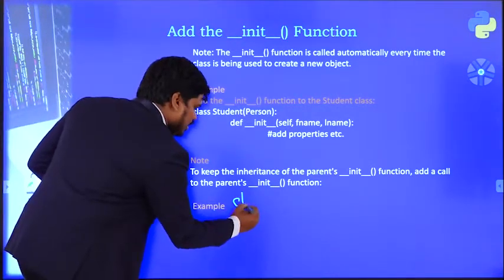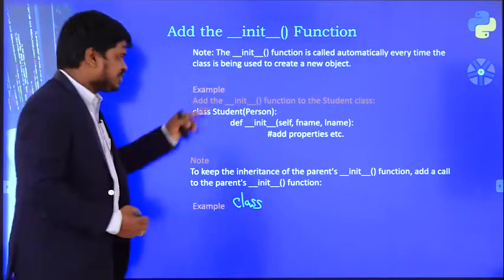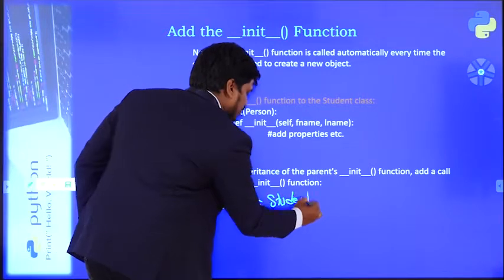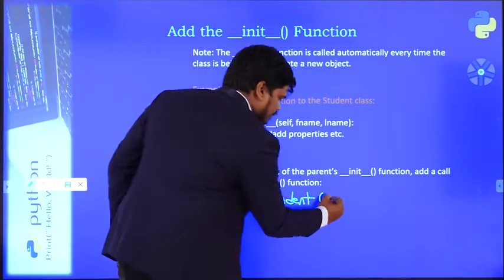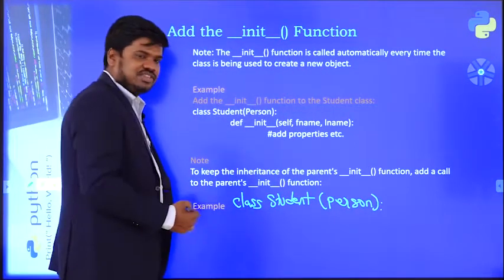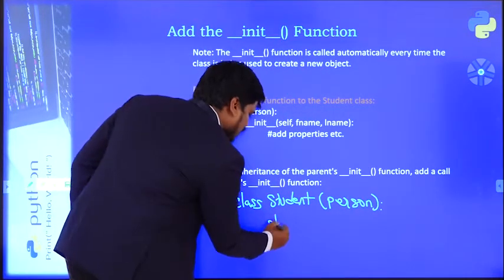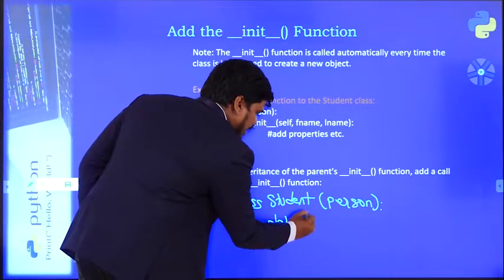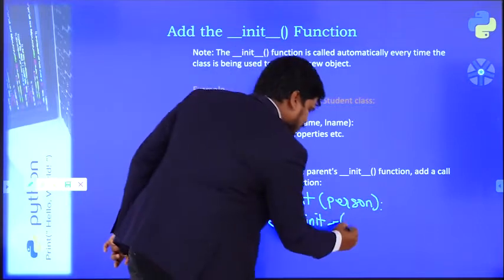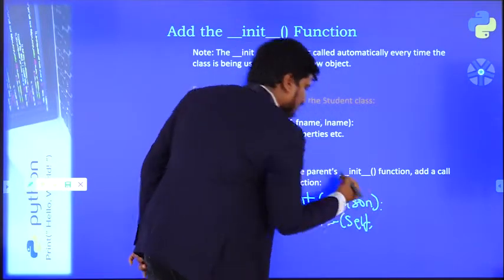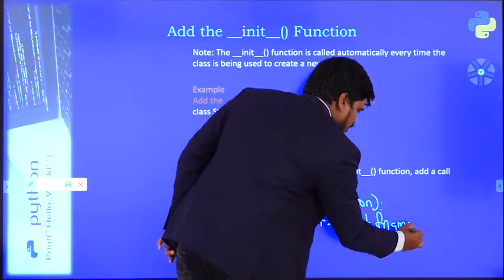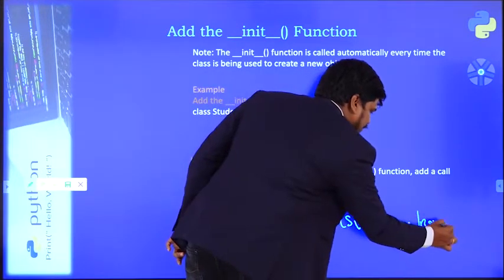Here I am writing class Student, followed by Person, and next the init method of the child: def __init__ followed by self, first name, last name.